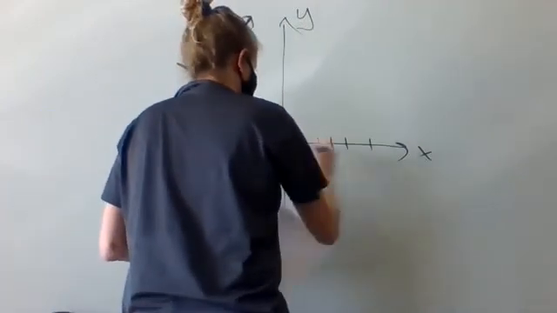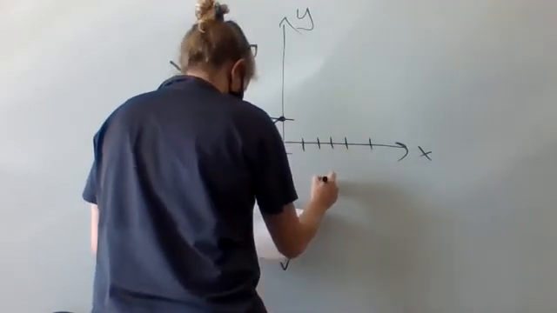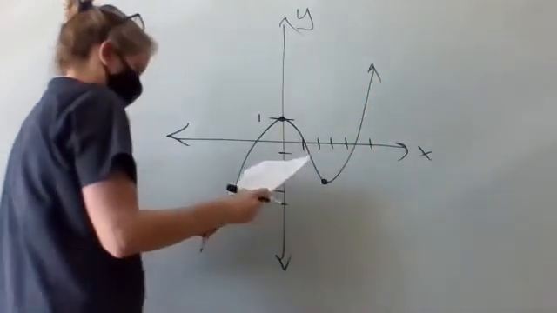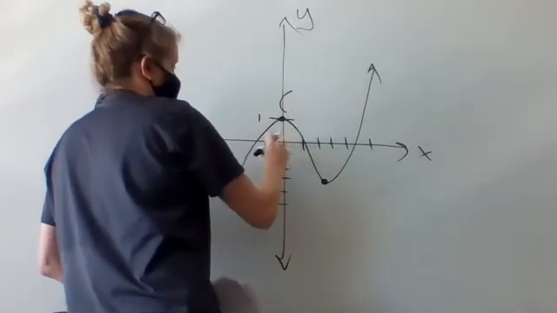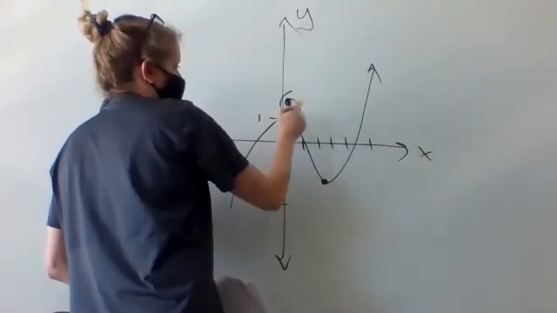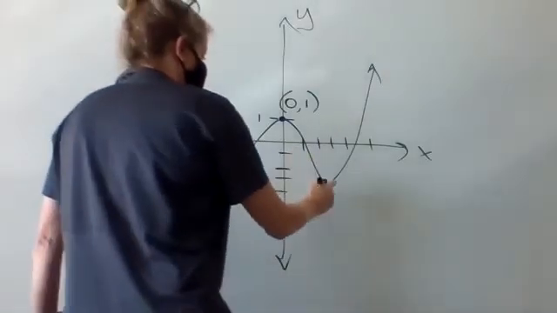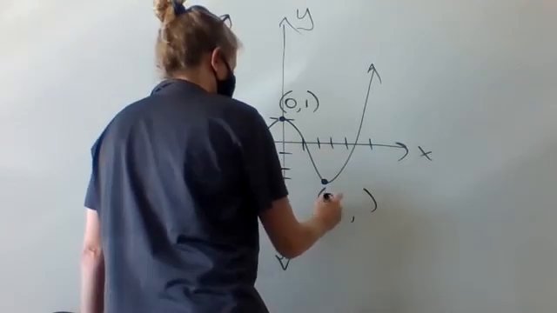All right, so I'm going to name this point. My x coordinate is 0. My y is 1. This point is at 2, -3.